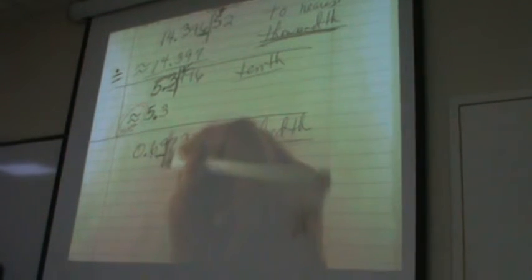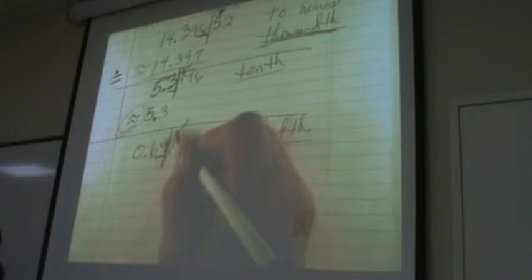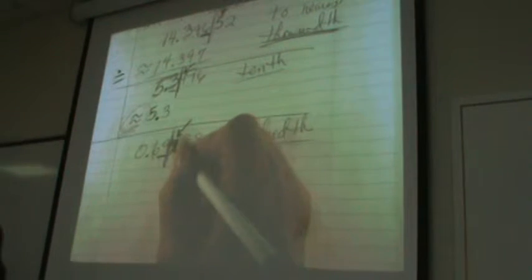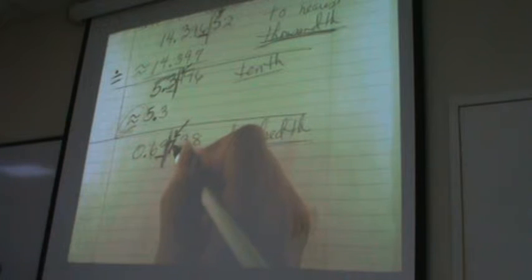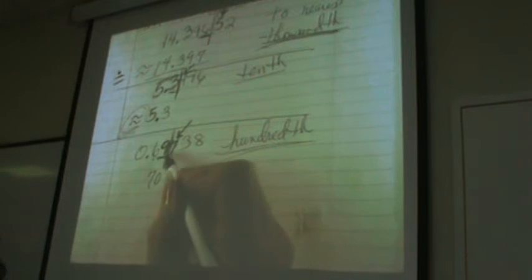Draw a line for your cutoff and an arrow at the first number behind the cutoff, which is a 7. Okay, since the 7 is a 5 or bigger, we round up. Okay, so 69 becomes 70.